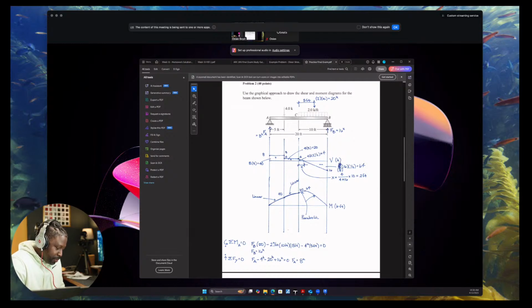All right, back to this. Negative 16 kips, 16K at 20 feet, at point B. That causes the shear to jump back up.